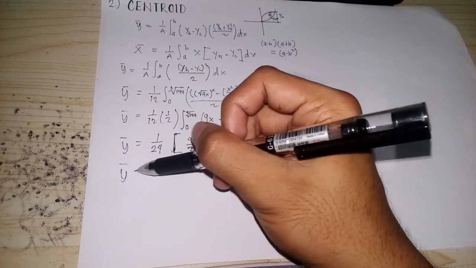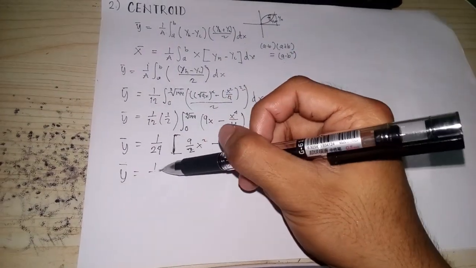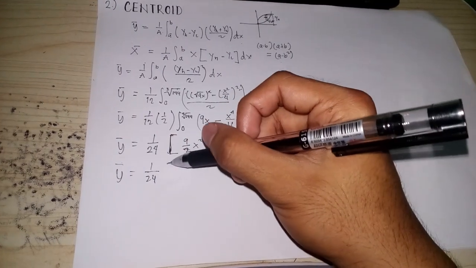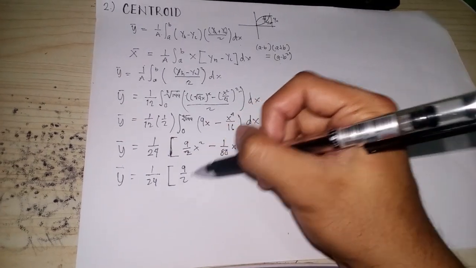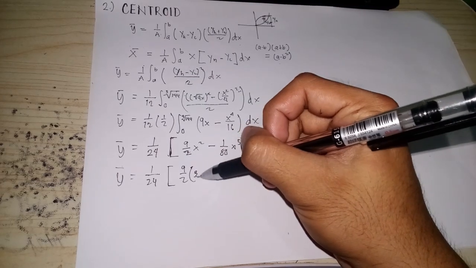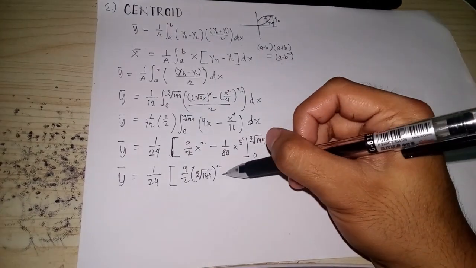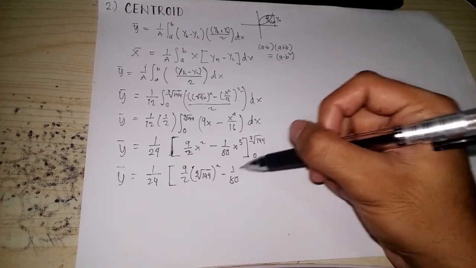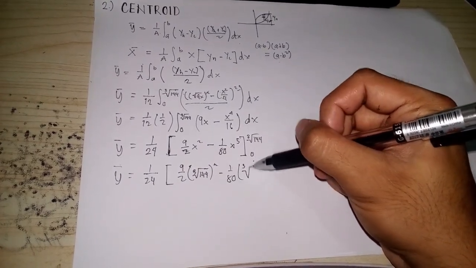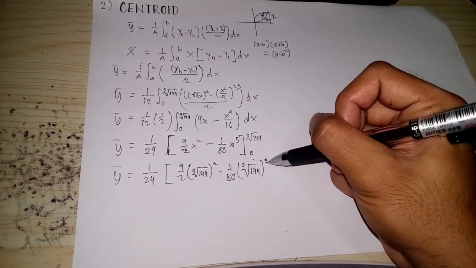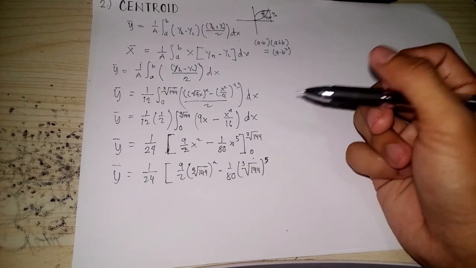So now if we substitute the limit to x, we will get 9/2 cube root of 144 squared minus 1 over 80 cube root of 144 raised to 5.